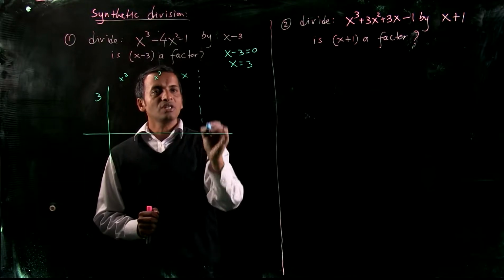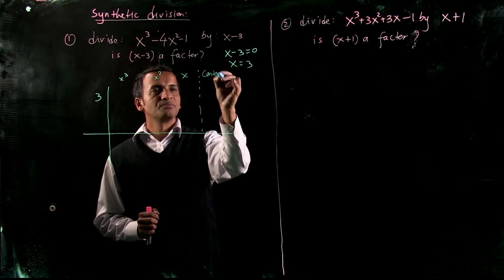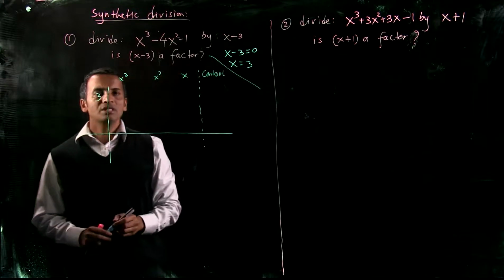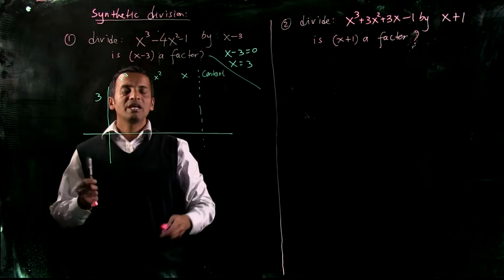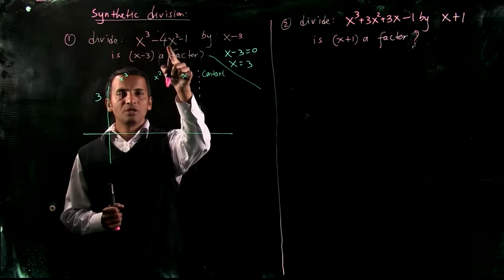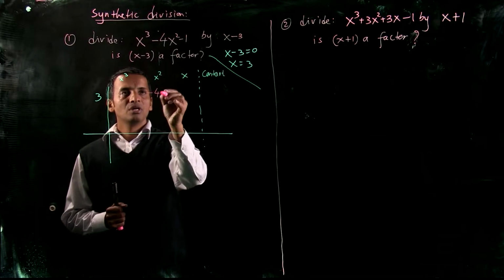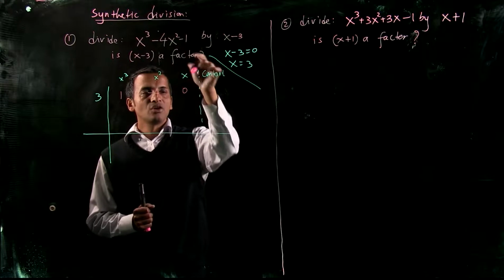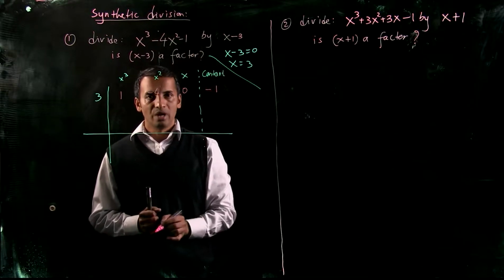And then for the constant, you write a constant. Then you write the coefficients: the coefficient of x cubed is 1, of x squared is -4, of x there is none so you write 0, and the constant term is -1.